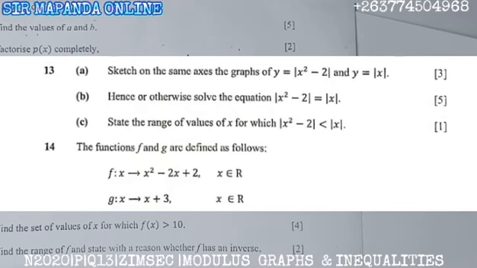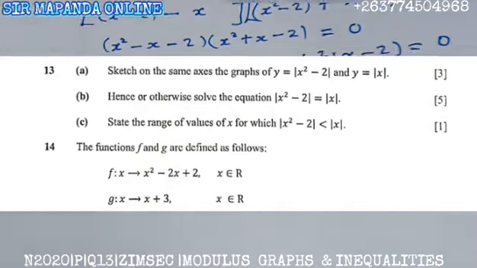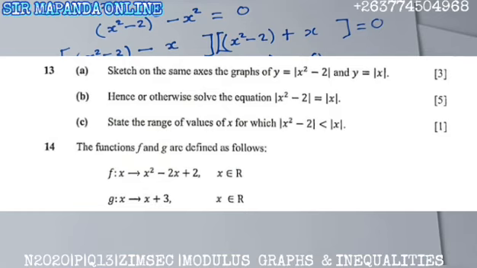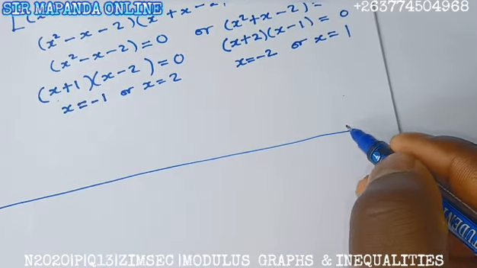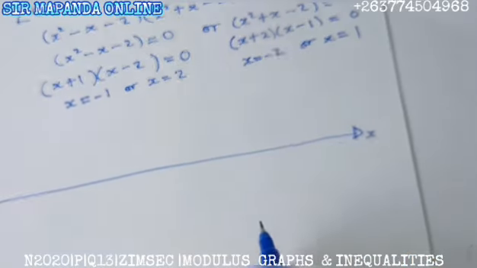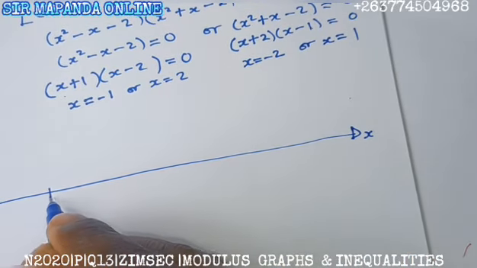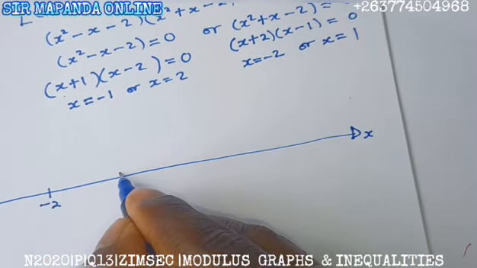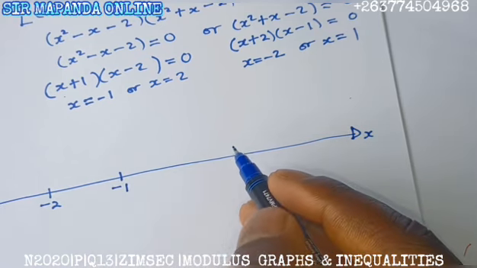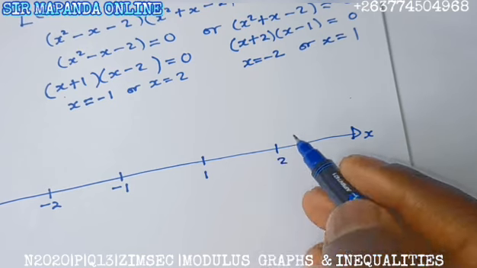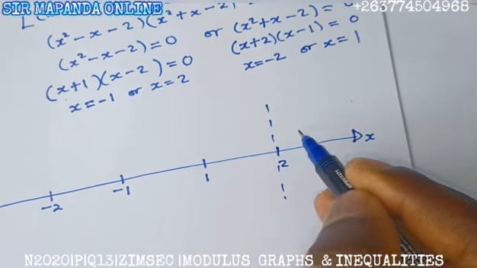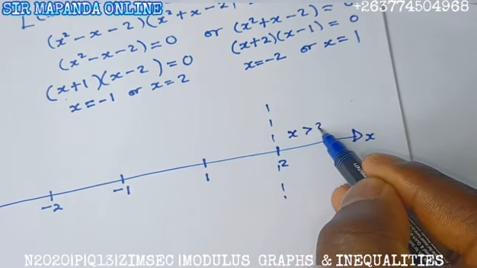State the range of values of x. So this one is very simple. You can draw your number line. Right, we have negative 2 as the smallest, followed by negative 1, followed by 1, and followed by 2. So this is x is greater than 2.